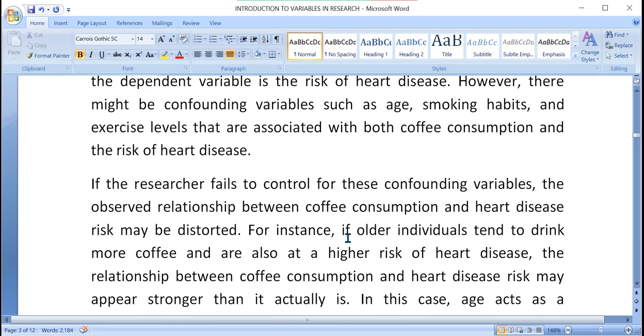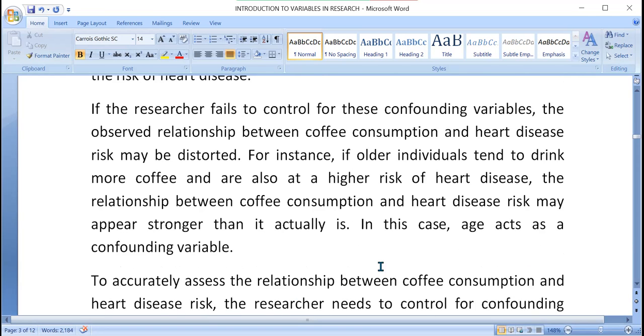For instance, if older individuals tend to drink more coffee and are also at higher risk of heart disease, the relationship between coffee consumption and heart disease risk may appear stronger than it actually is. In this case, age acts as a confounding variable.